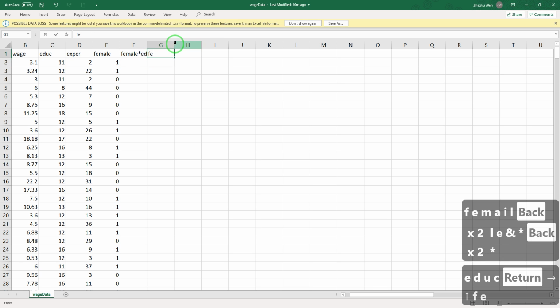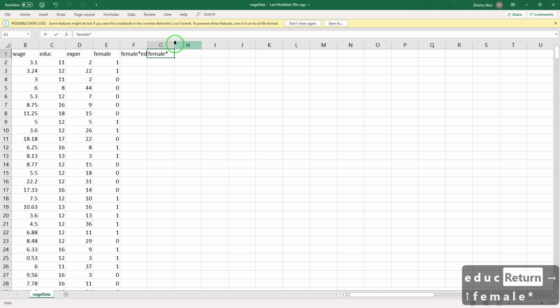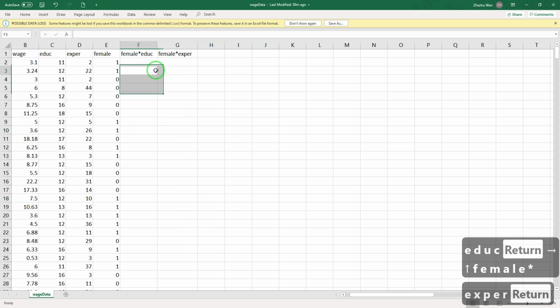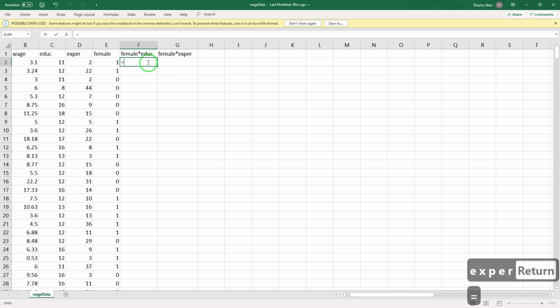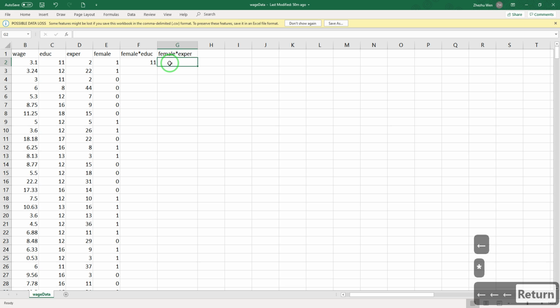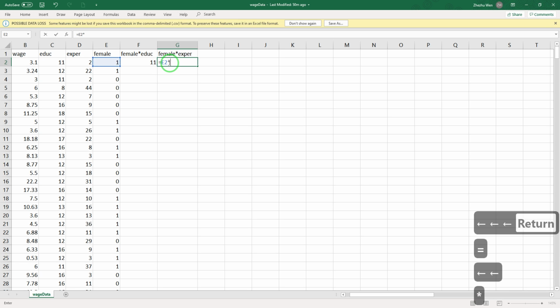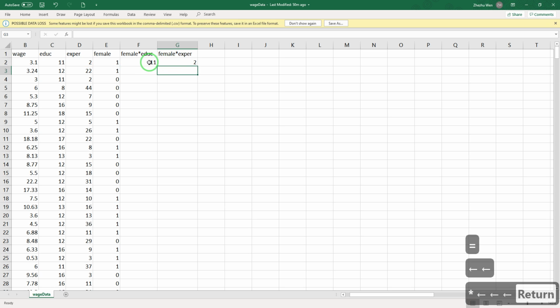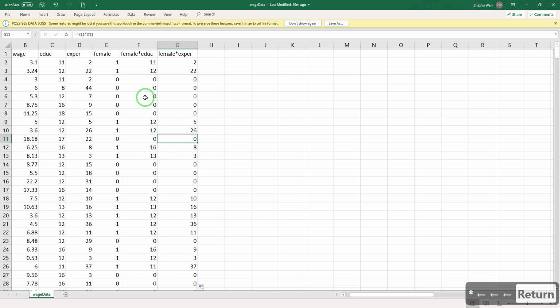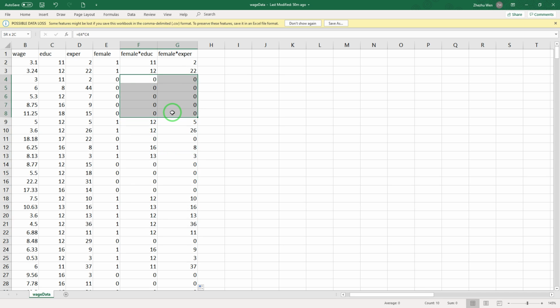I'm also going to do female times experience. What I'm going to do is the female column multiplied by the education, and the female column multiplied by the experience. If you're a male, you don't get to have those values, right? If you're a female, you have those values.